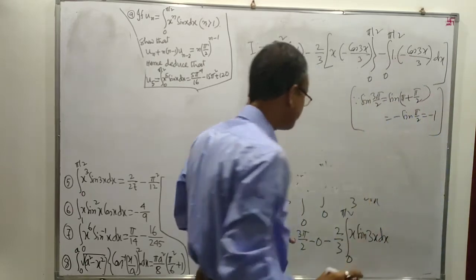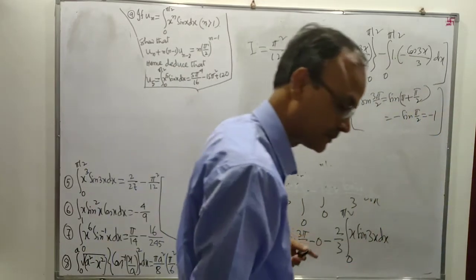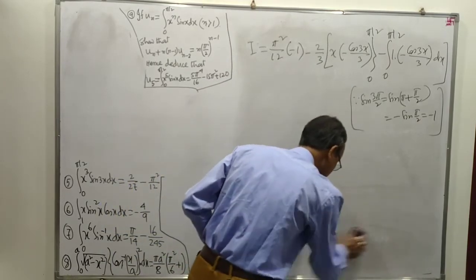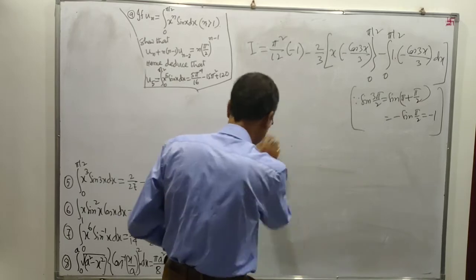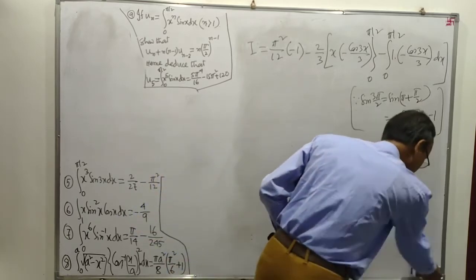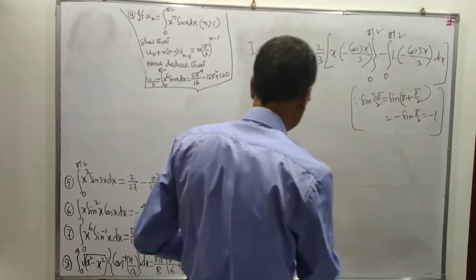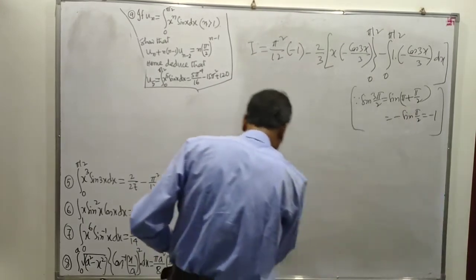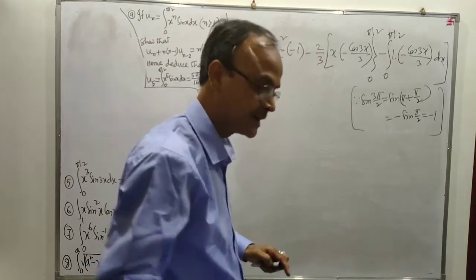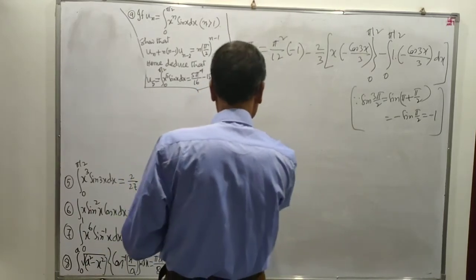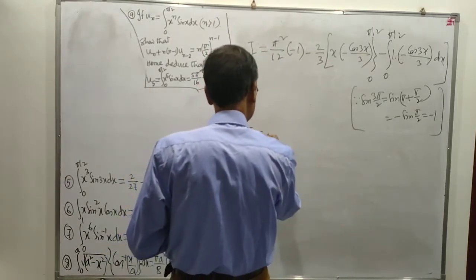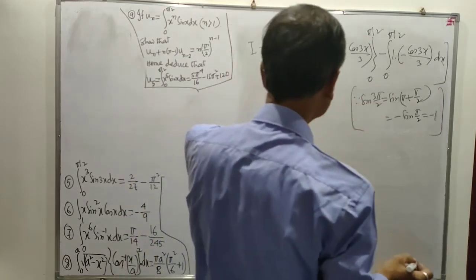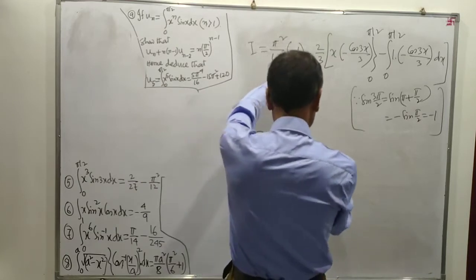This is equal to minus 1. This means I equal to minus pi square by 12, you see here, minus 2 by 3.